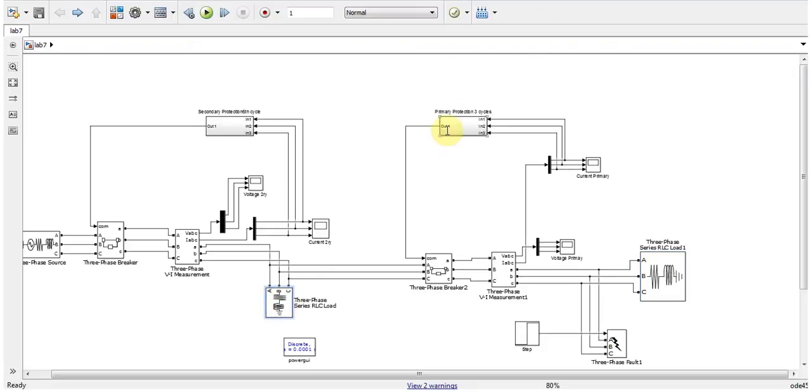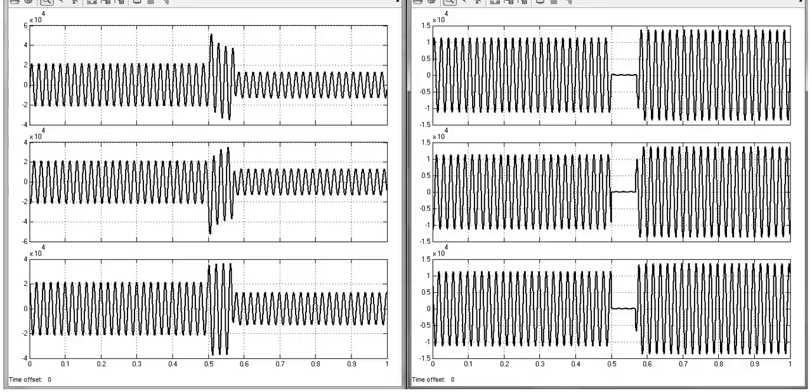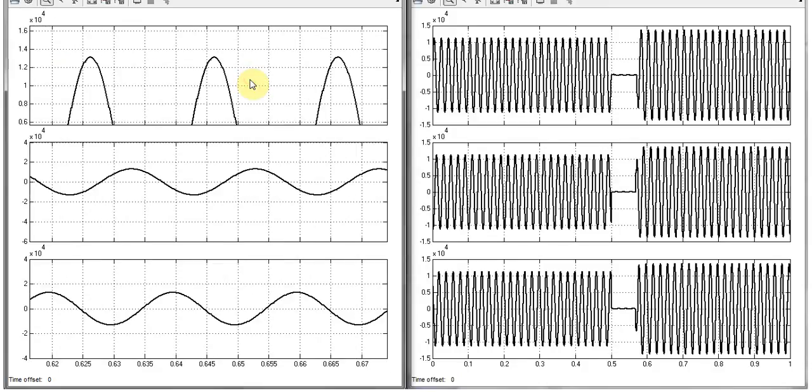The primary protection cut off the supply to this load, and the current and voltages keep circulating in this load. You can observe that the current is about 2 into 10 raised to the power 6 amperes, to almost a little less.